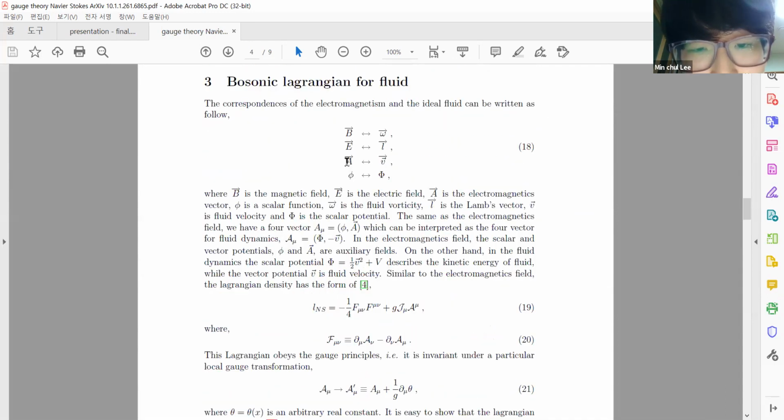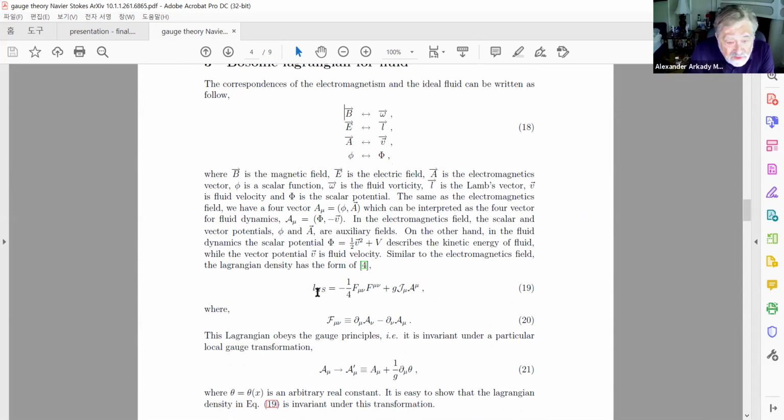So this is the correspondence. I understand you think that the gauge potential is a velocity field, but I don't understand how gauge invariance enters the game, because there is no gauge invariance in the Navier-Stokes equation.